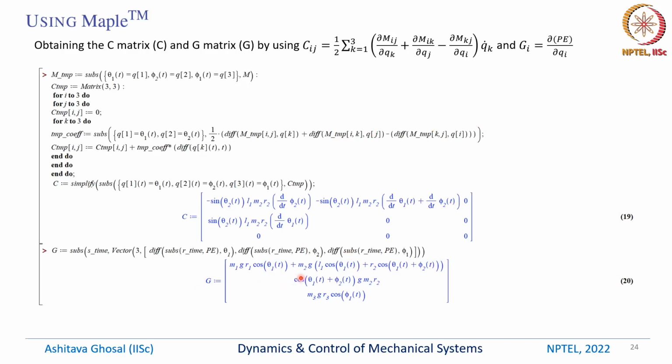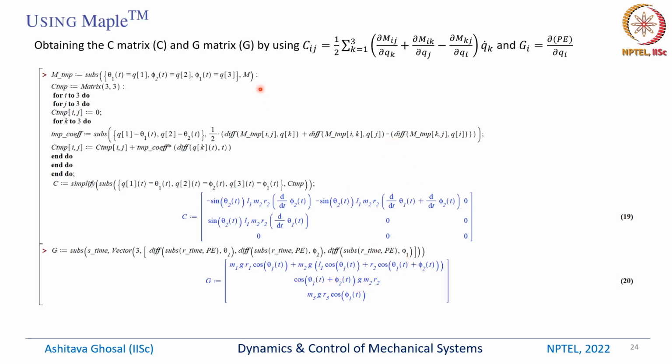The gravity term likewise is a partial derivative of the potential energy with respect to Qi. Again, you will get some mg cos theta, and then for the third or the output link, we will have m3 g r3 cos phi 1. So this will be theta 1, then you will have theta 1 plus phi 2, and the y component will be m2 r2 g cos of theta 1 plus phi 2.